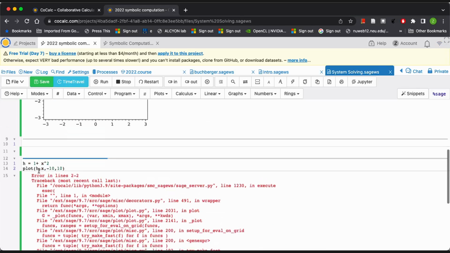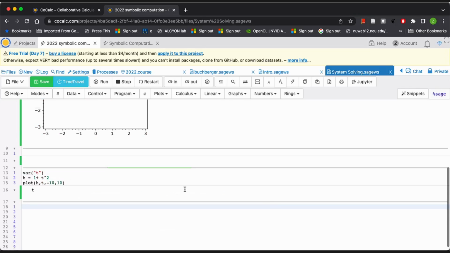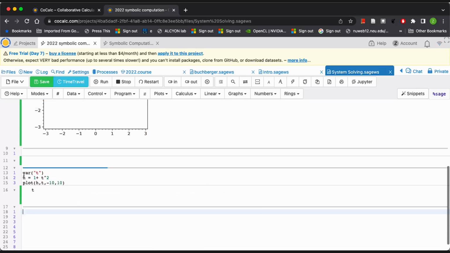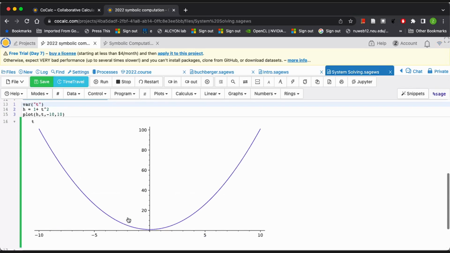All right. So I need the variable to be a symbolic variable. So I will have to do, because now let's not mix our variables, let's call the variable t. I define a variable t. And I get the plot. Okay.